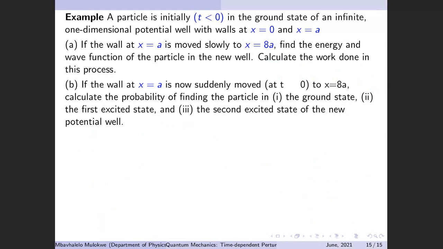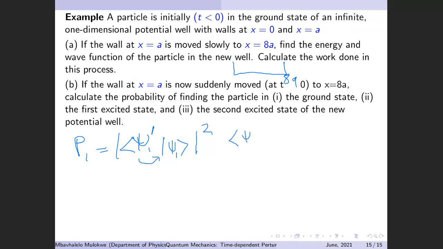So then the probability is just the overlap of psi 1 for the new Hamiltonian, when the wall is at 8a, with psi 1 of the old one, and then you have to square this. So you just have to compute what these overlaps are. So let's try psi 1 prime, psi 1. Let me just write everything out.